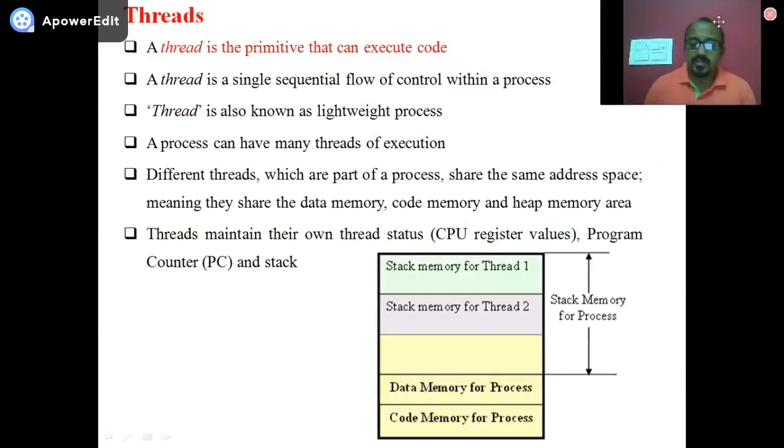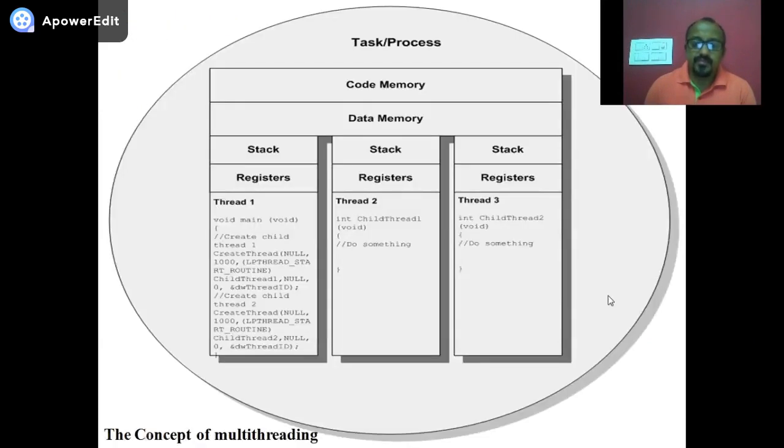Here they have mentioned stack memory for thread 1 stack, right? This gives a clear idea about that. So here is one simple example which they have given.